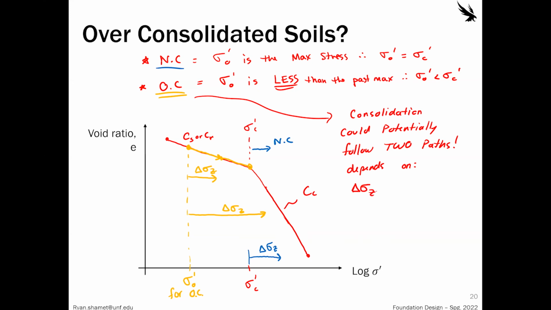If it's a little bit, then maybe it stays on it. But if it's a lot, then it could push it over to the Cc. It also depends on the past max compression and the current. If you remember, that's where the OCR, the over consolidation ratio, helps, because it wraps both of those terms into one fraction instead. So again, this is what we'll cover on Wednesday's class.